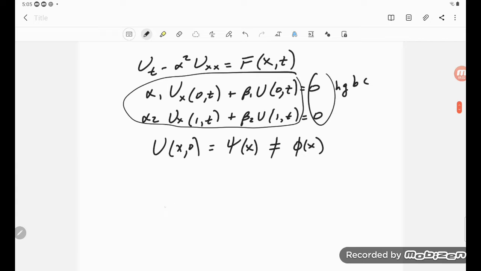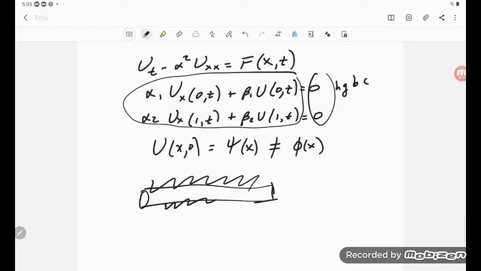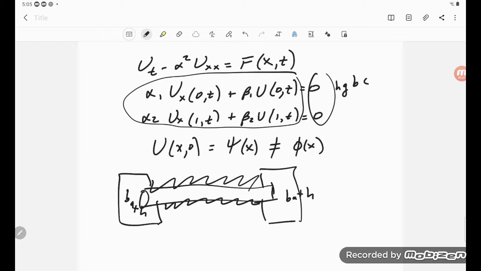But this most general case was the idea that we had a rod that was insulated, but the ends were in a bath, and here was also in a bath. That was I think boundary conditions 2 in whatever lesson that was, maybe lesson 4 or something like that. But this was the case.